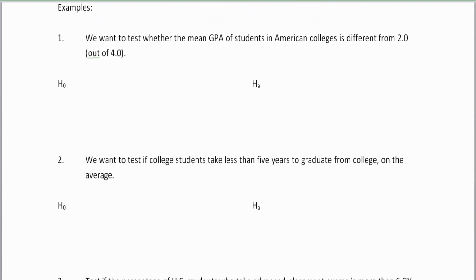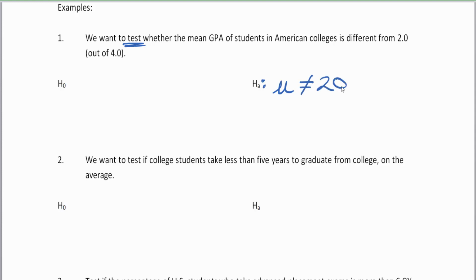Example number 1. We want to test whether the average GPA of students in American colleges is different than 2.0 out of 4.0. So the word test means we're talking about the alternative. So this alternative, let's put a colon here, is going to be the average, and we want different than 2.0 out of 4.0.